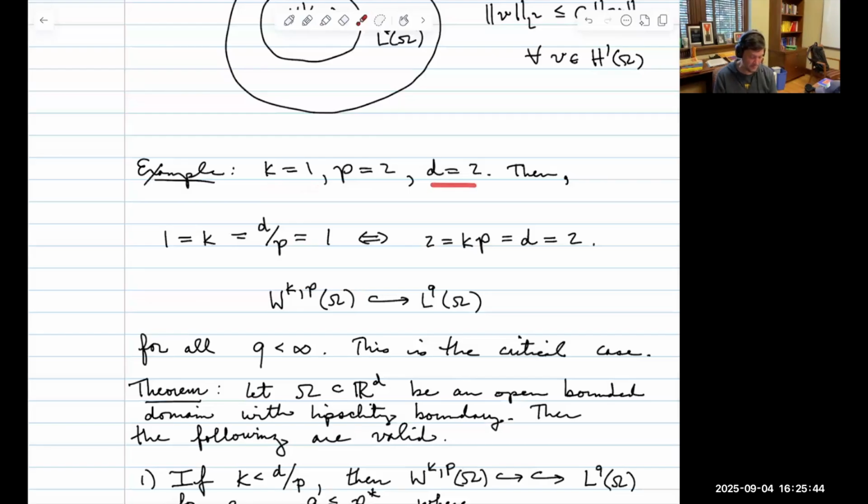D is equal to 2, so that's the number of space dimensions. In this case, K is exactly equal to D over P, or in other words, K times P is exactly equal to D. 2 is equal to 2. Either way, we get the same result. W^{K,P}, which is in this case, I think, I forgot to rewrite it.